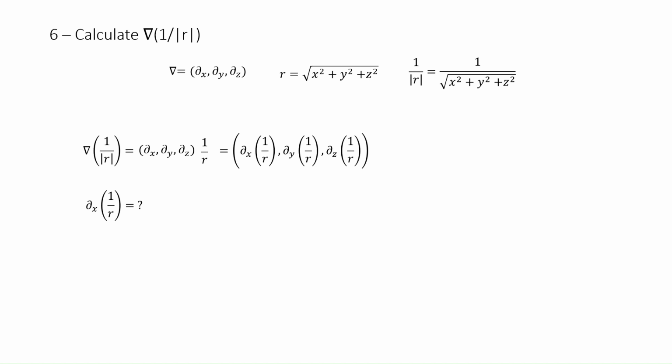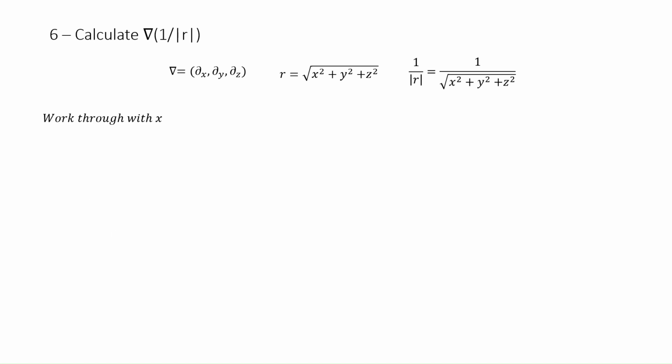But we need to find out what dx of 1 over r is, dy of 1 over r, and dz of 1 over r. What we can do is we can work through with x. So here is our expanded expression, and this can be simplified as the 1 over can become a minus power, and the square root can be a power of a half.